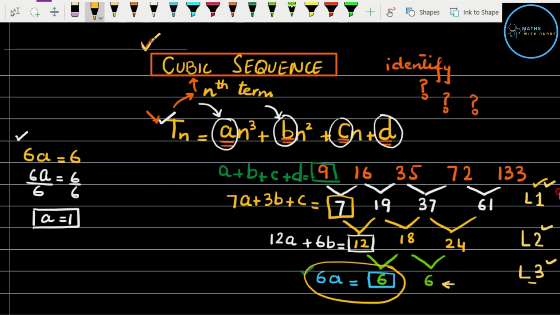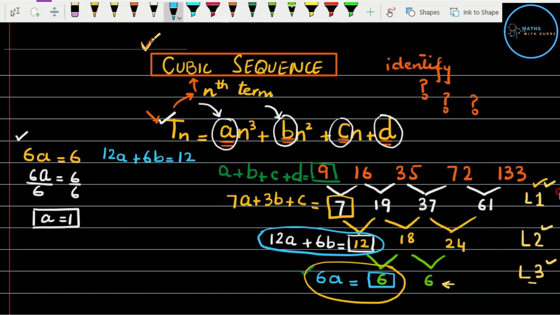So what about the second one? The second, I will take the value from here. That is the second equation: 12a plus 6b is equal to 12.